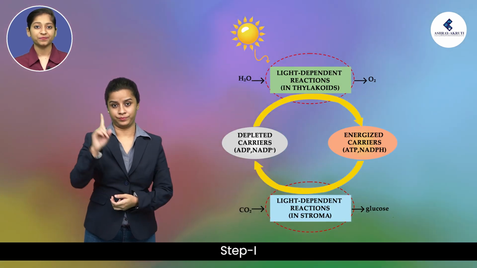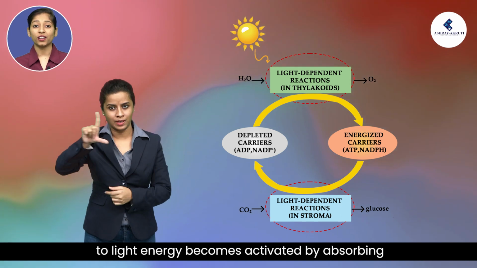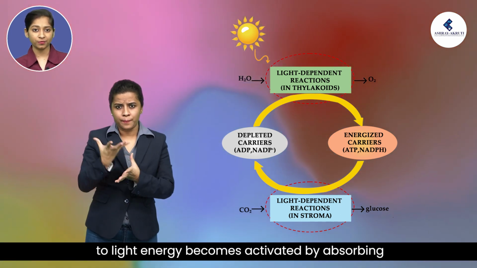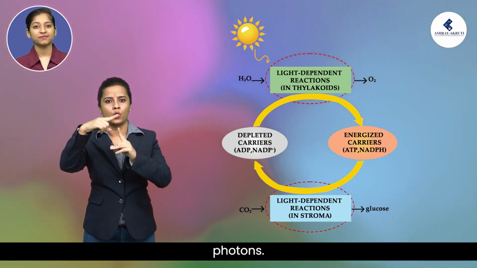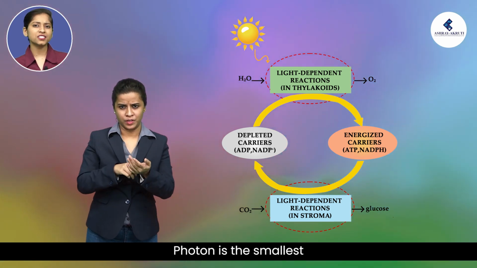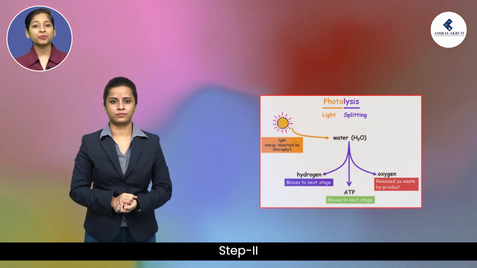Step 1. The chlorophyll on exposure to light energy becomes activated by absorbing photons. Photon is the smallest unit of light energy. Step 2.